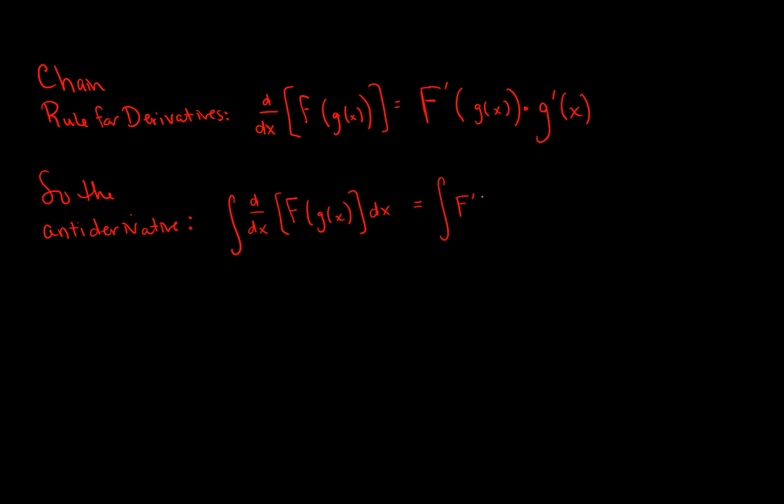I'm just taking the integral of both sides. And remember that the integral is the opposite of the derivative, which is why we also call the integral the antiderivative. So the integral of the derivative, these are going to cancel each other out, and I'm going to be left with that integral with a constant there.